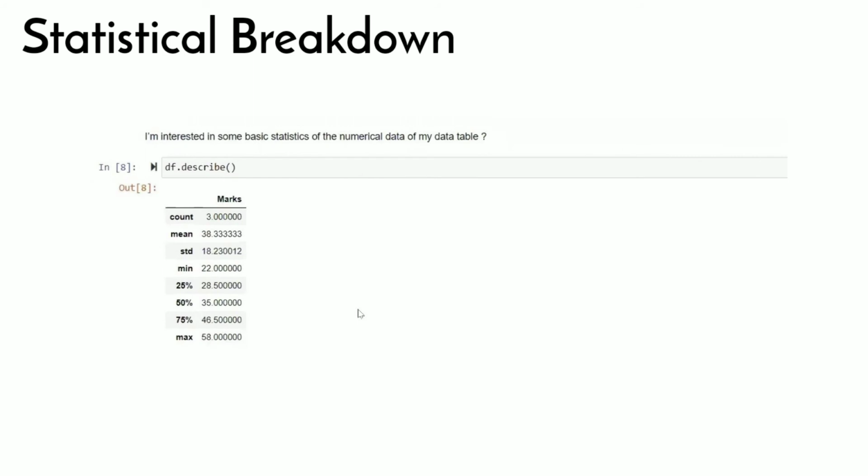So when you call .describe, it will ignore the non-numerical columns and focus on this particular column, giving you the count of the values, the mean of all the values within that column, the standard deviation, the minimum value, first quartile, median or second quartile, third quartile, and then the maximum value within that column.